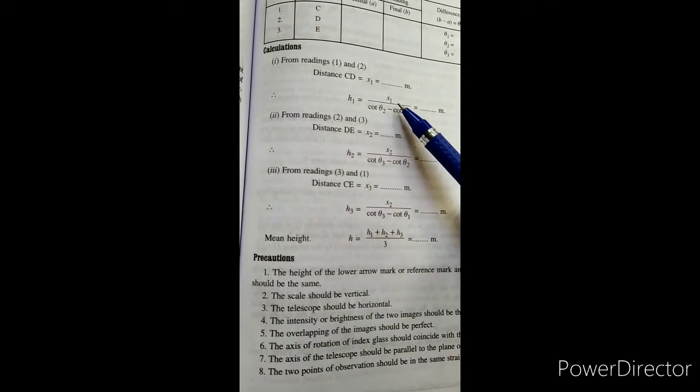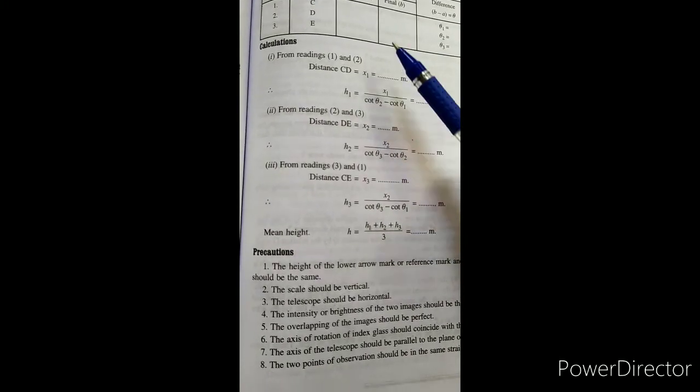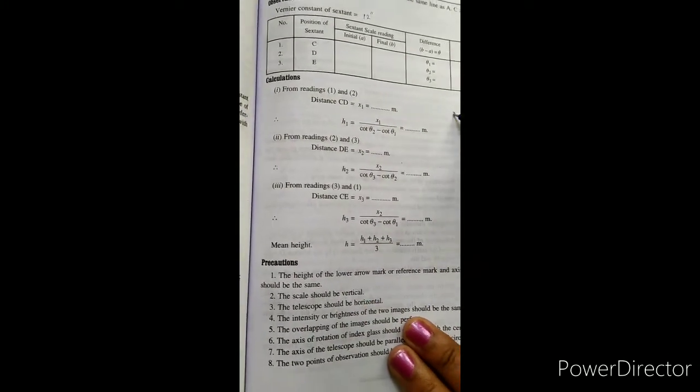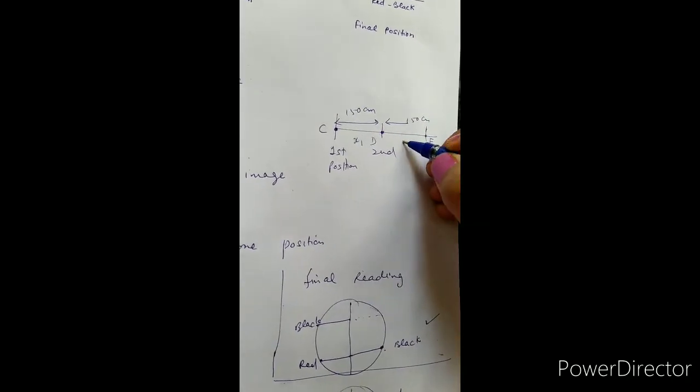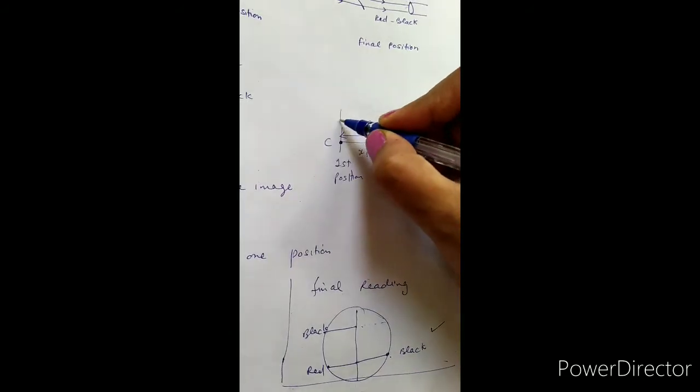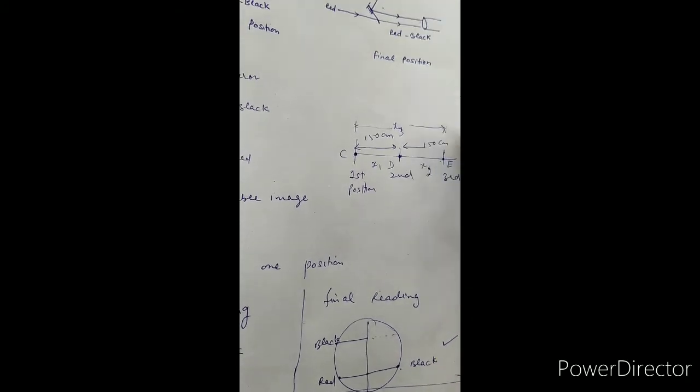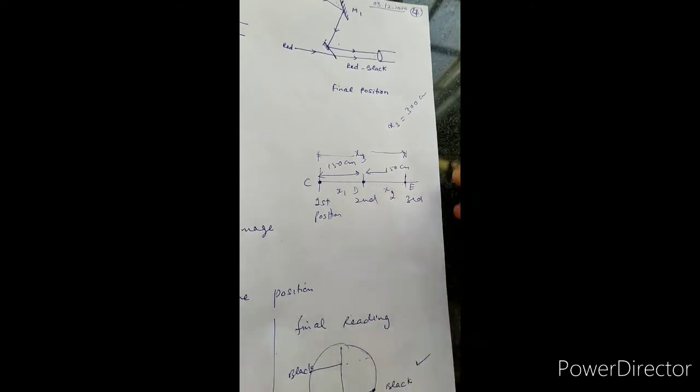H1 is calculated with x1. What is x1? X1 is 150 centimeter, the separation between the two marks. This is x1 for the first calculation, this is x2 for the second calculation, and this is x3 for the third calculation. X3 will be 300 centimeter, right?